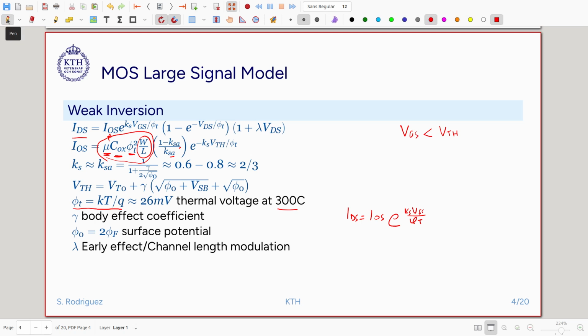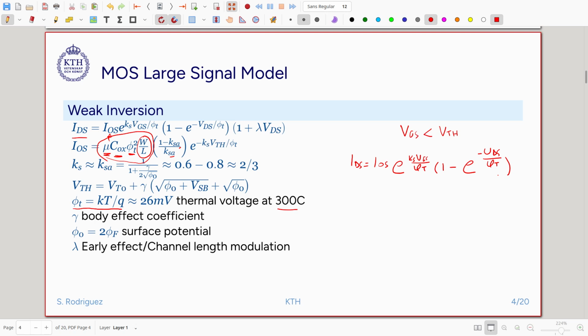And we have an exponential dependence with the VGS, and this is multiplied by 1 minus A minus VDS divided by thermal voltage.